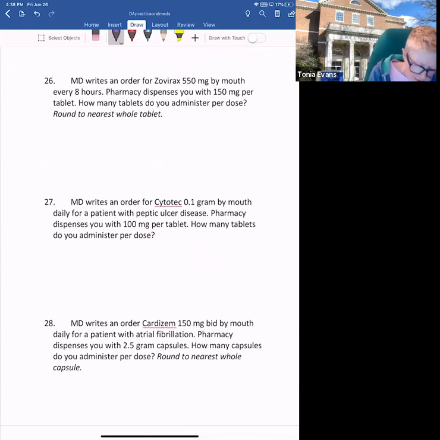Okay, Zovirax, 550 milligrams every 8 hours. Pharmacy gives us 150 milligram tablets. And how many tablets do I administer per dose? We're going to round to the nearest whole tablet. Okay, so I want to know tabs per dose.